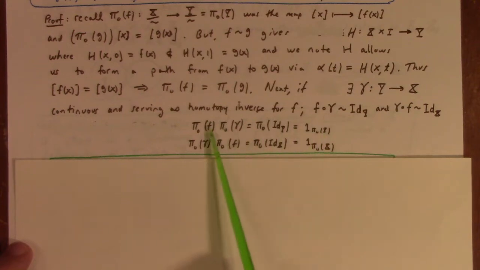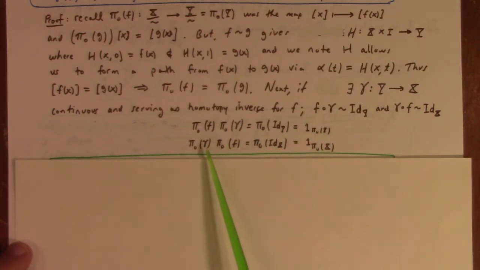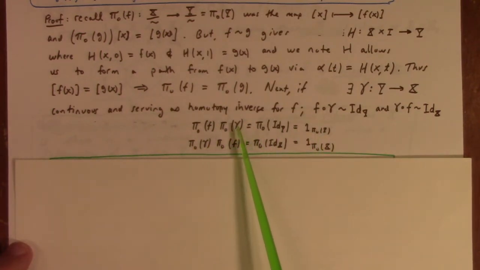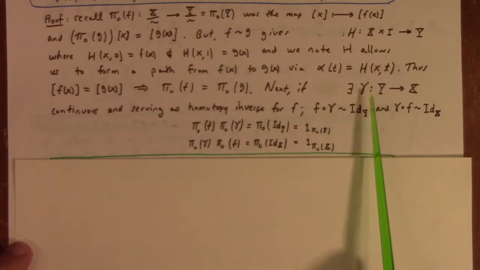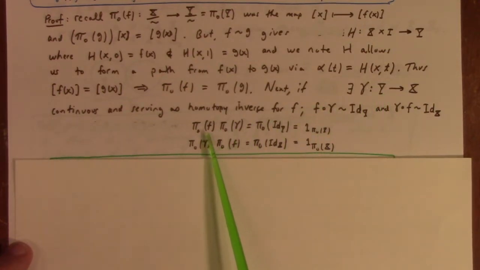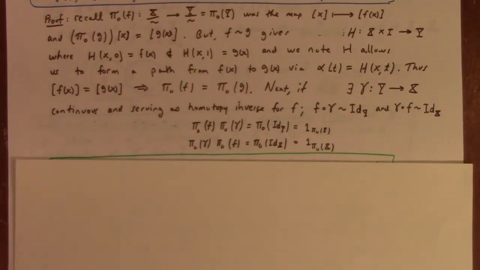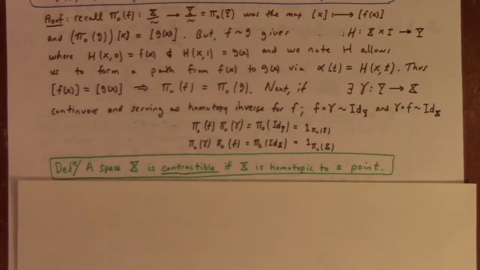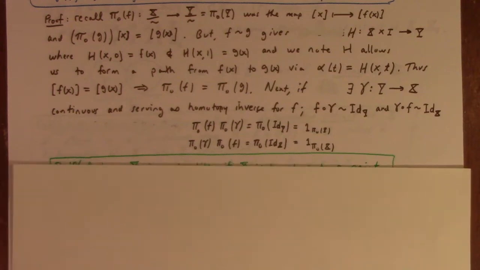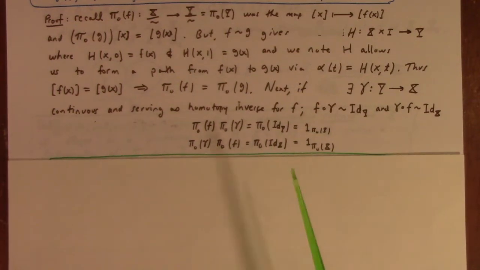And then if you look at these two, what these show you is that the induced map of the homotopy inverse is serving as the inverse map to the induced map of the function, which is to say that the function has an inverse, which is to say that it's a bijection. So there's that. And this is using one of the lemmas I had a few pages ago about composition with pi 0. This is using the comment I wrote in red about the pi 0 being a functor.